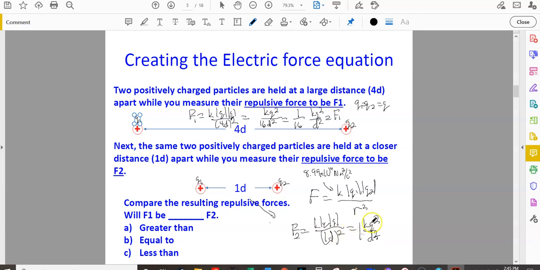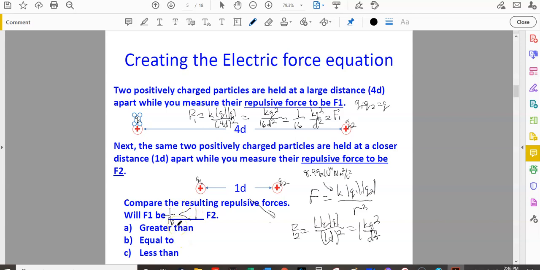So that's just 1 KQ squared over D squared, while F1 is 1/16 KQ squared over D squared. So which is bigger, 1/16 or 1? Well, F2 has to be bigger than F1 because it is 1, and F1 is 1/16. So F2 is greater than F1.